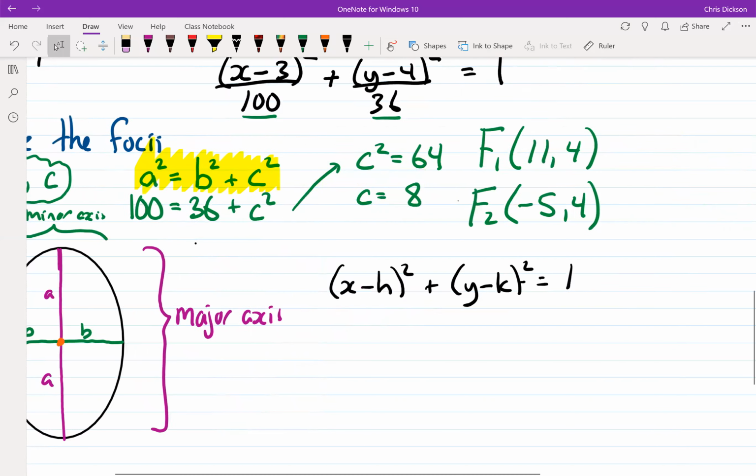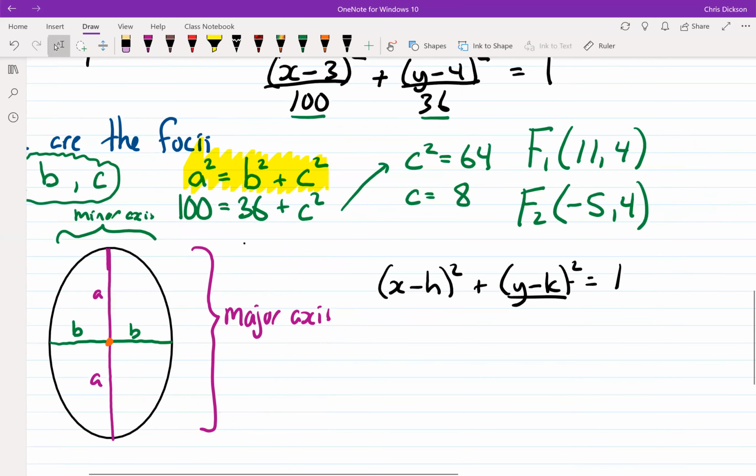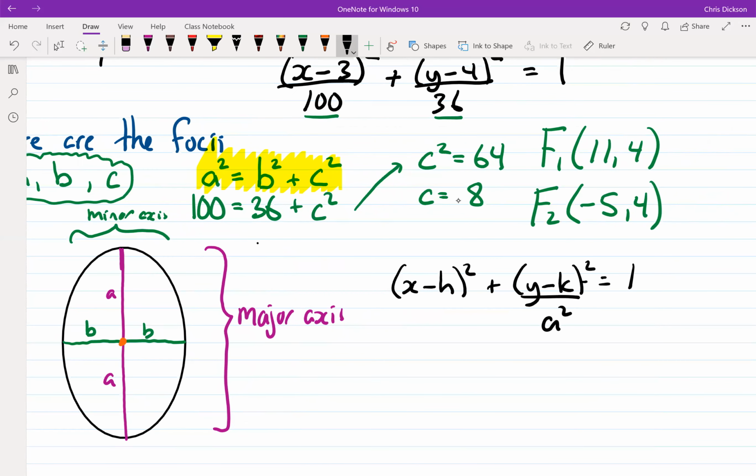But the difference now is that the a squared value is going to be underneath the y term, and that's because the major axis is longer in the y direction. And then the b squared value, the smaller number, would come underneath the x term here.